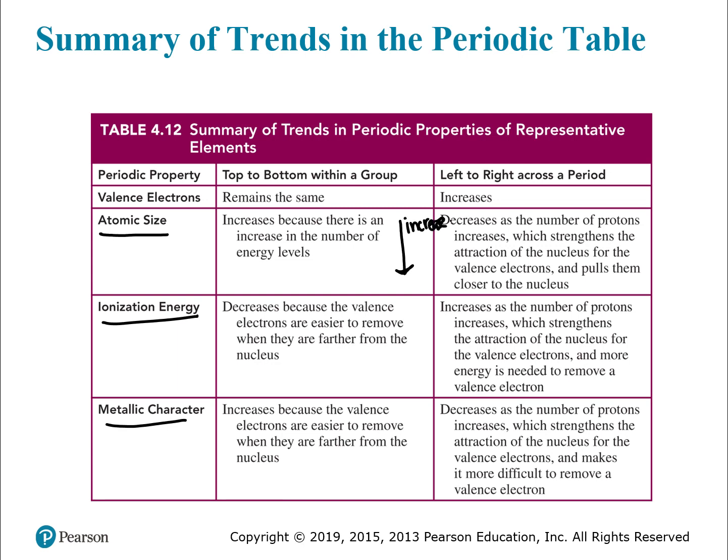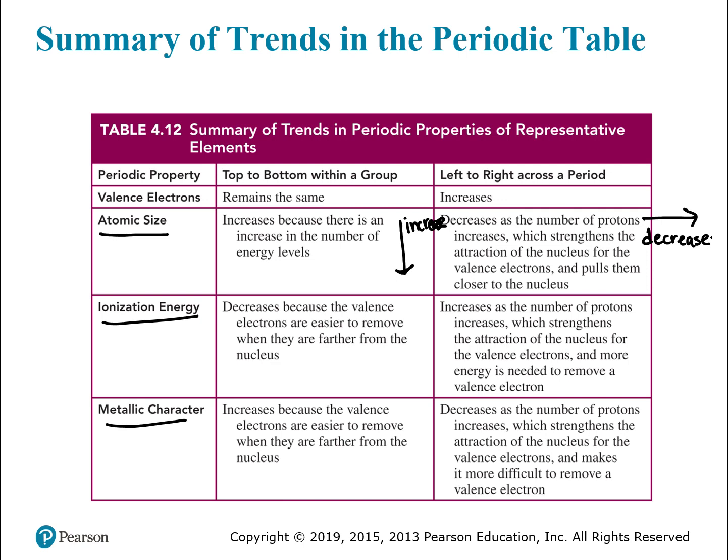And I'm going to draw this on the periodic table as well. As you go from left to right across a period, you're going to decrease. So remember, each row means that you're increasing the energy level.